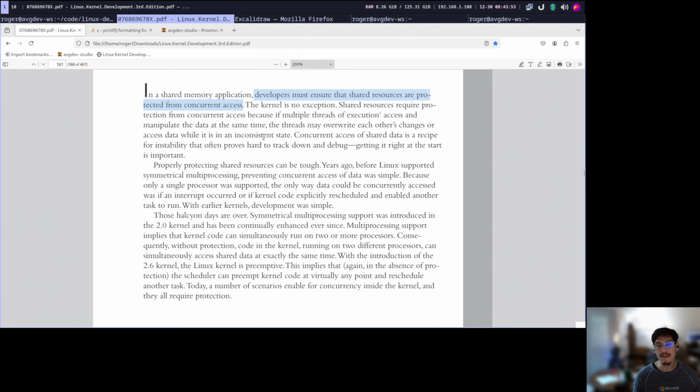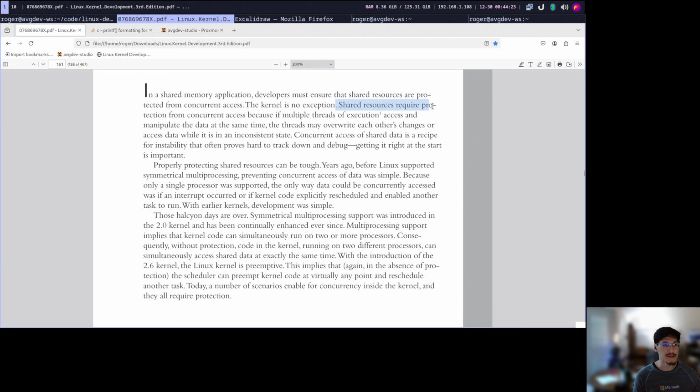When multiple threads or processes read data at the same time, that's not as big of a concern as two or more of anything wanting to write or update data that is accessible by all of them. So, shared data. And the kernel is no exception.